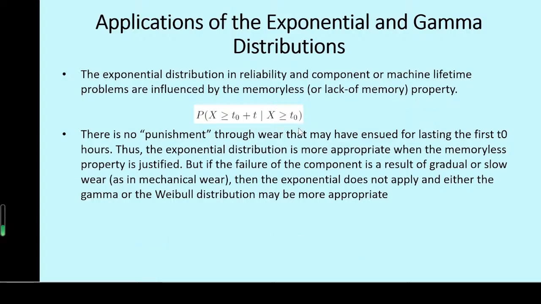What does this mean? It means the probability of X larger than t0 plus t, given X has elapsed t0, meaning the probability of the event not occurring in the next interval t given it has not occurred in t0 time, is the same as the probability of X larger than t.